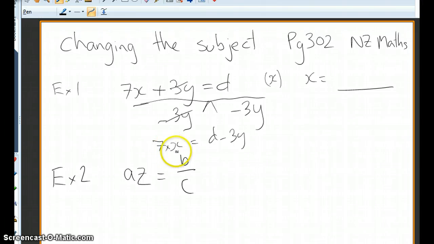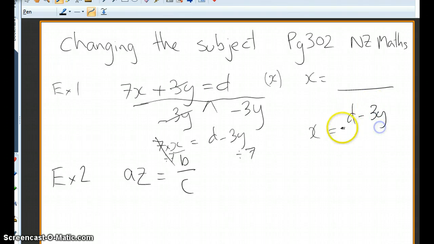So to get x by itself, I'm going to divide both sides by 7. Brilliant, that 7's cancelled, and my solution is x equals d minus 3y all over 7. And that's making x the subject.